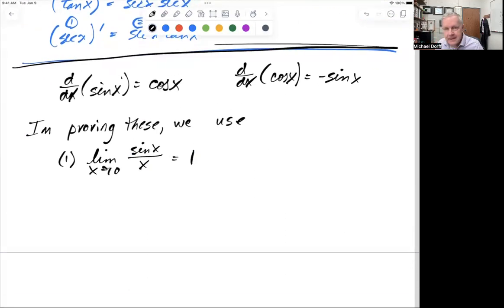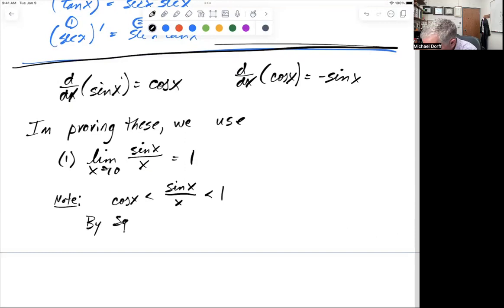And that limit can be proved by using the squeeze theorem, because you can show that cosine of x is less than sine x over x, which is less than 1.